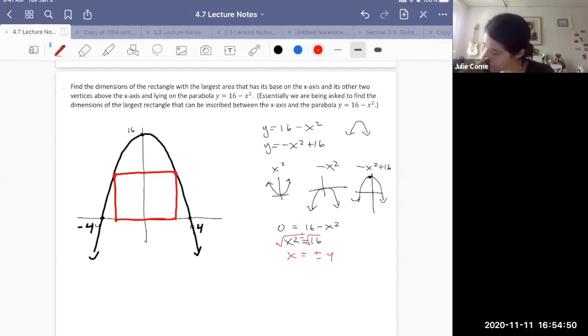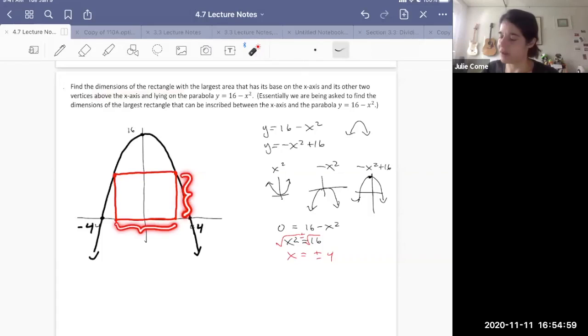We're being asked to find the dimensions of this rectangle. So basically, I'm being asked to find this and this. I want to find the length and the width, or the base and the height, however you look at it. What should I do as far as labeling them?